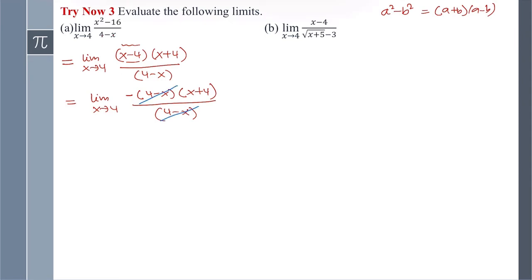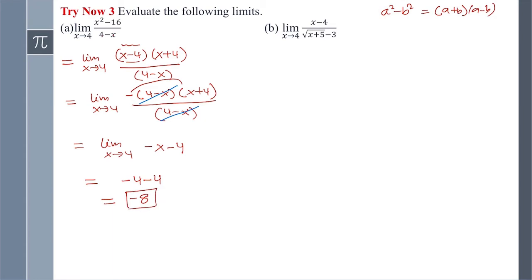And then that becomes the limit as x approaches 4. Now we can multiply this second factor by that negative, so you get negative x minus 4. And then we can do the direct substitution. When we do that, we get -4 minus 4, and that gives us -8.